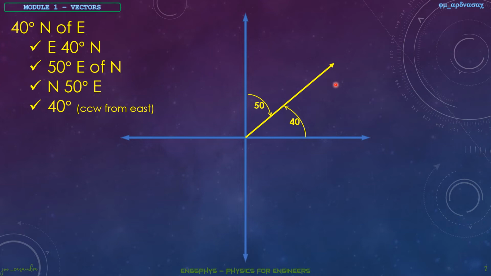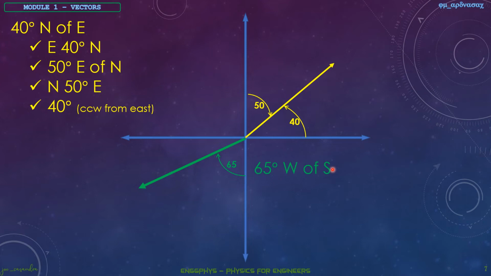Okay? Another example, let's say we have 65 degrees west of south. So anong ibig sabihin nun? Of south, meaning I'll be starting measuring 65 degrees from the south. So it will be 65 degrees going to west. This is our line of action for this direction. Or if we're going to rewrite it, equivalent directions would include south 65 degrees west.